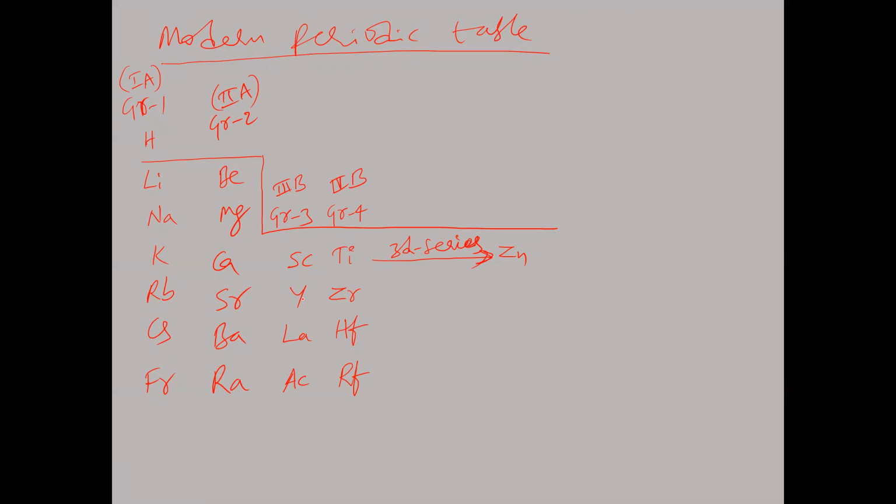Next, here Y means yttrium, then zirconium, up to group 12. Group 12 is also called Roman number 2B.